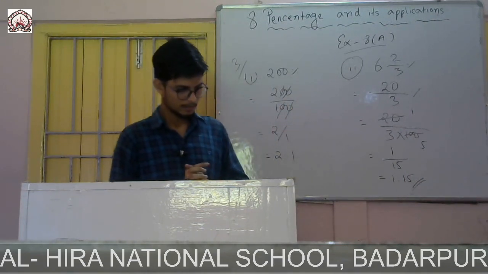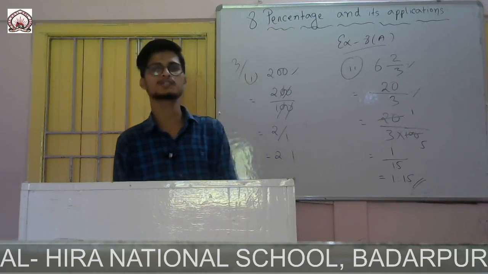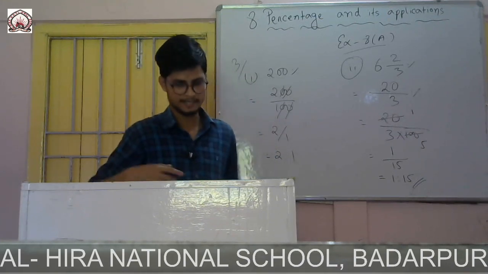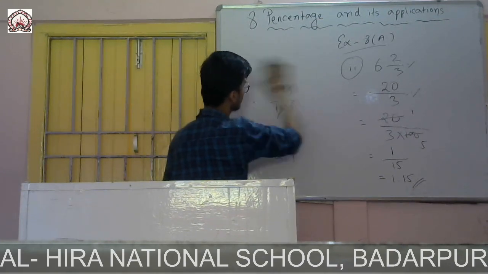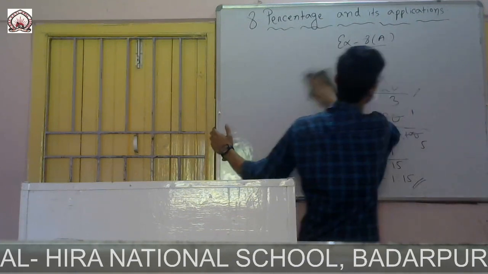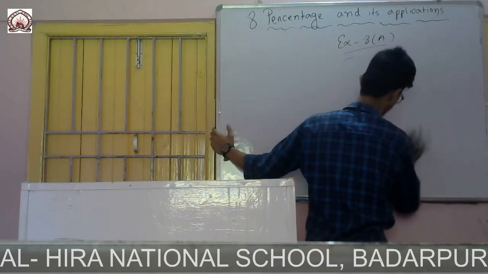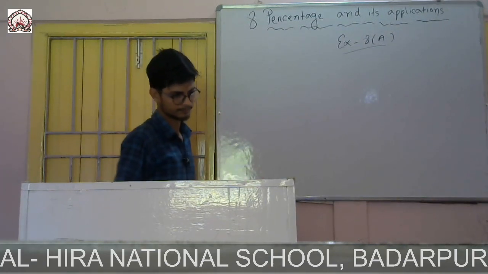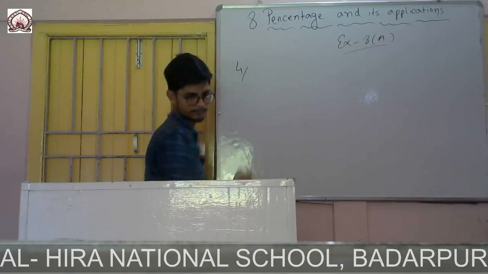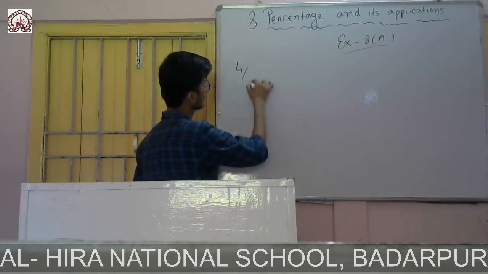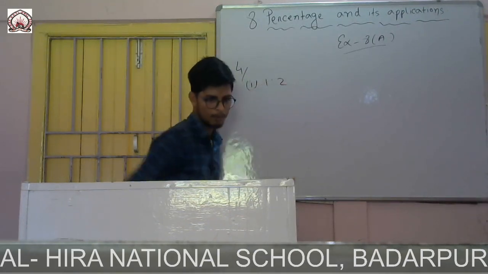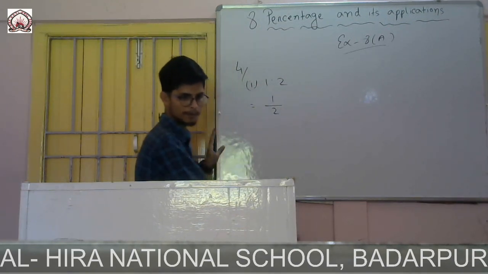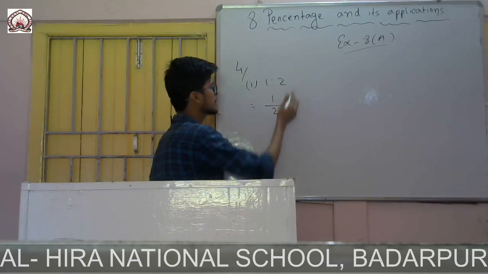Now question number 4: express the following ratio as percentage. Now the ratio is given but you have to convert it into a percentage. 1 is to 2 is given. So 1 is to 2 means 1 by 2. The question is to convert this into a percentage.